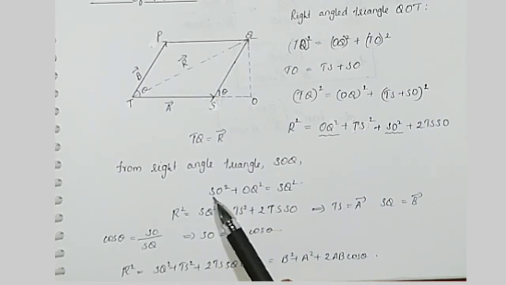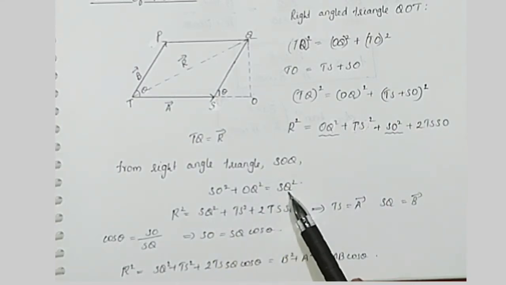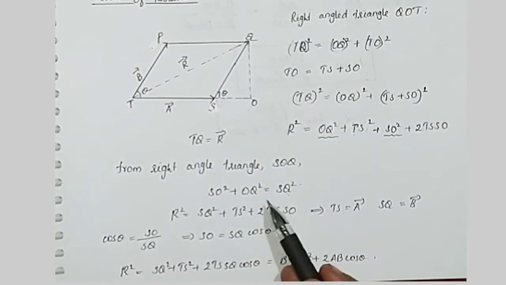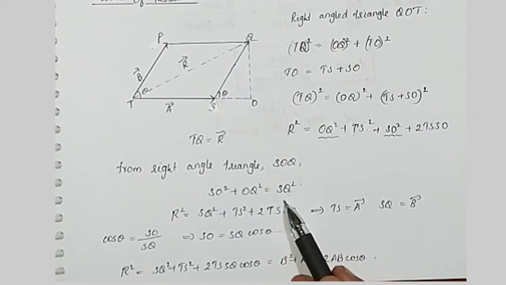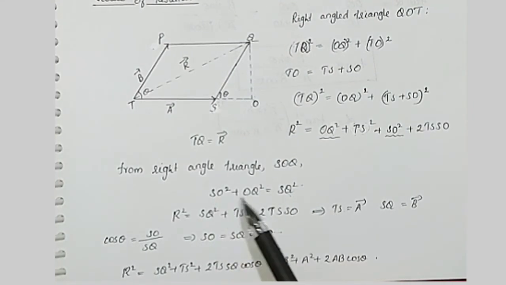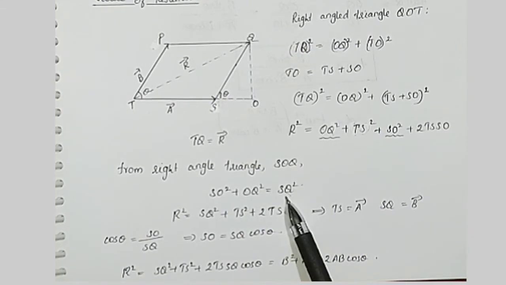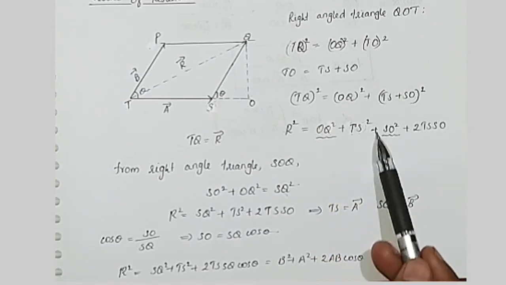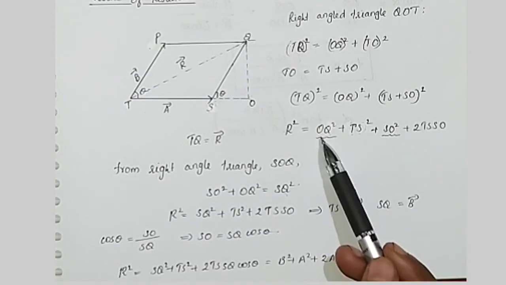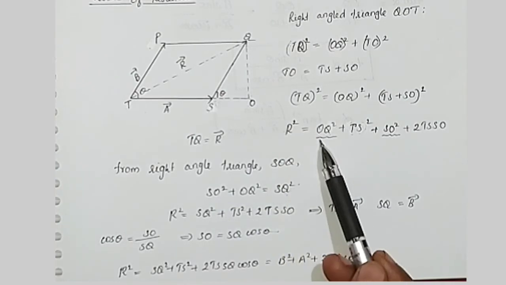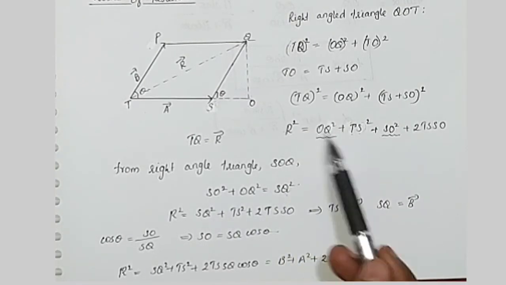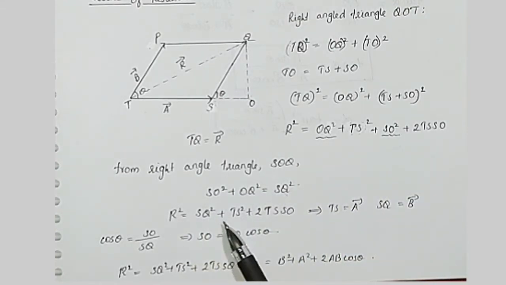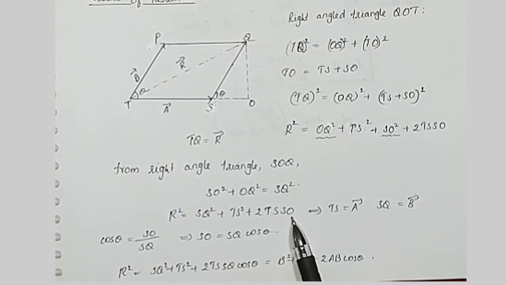So OQ square plus SO square gives SQ square, and as we told, this is similar to the vector B. So SQ square means vector B square. If you observe here, we are having an OQ square and SO square, so both these form SQ square. So the expression now becomes R square is equal to SQ square plus TS square plus 2TS SO.